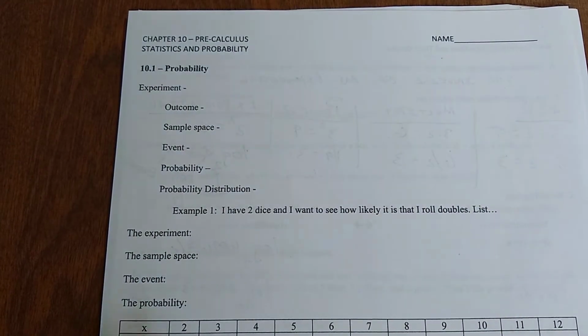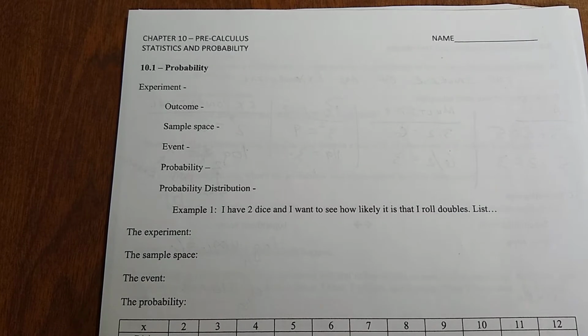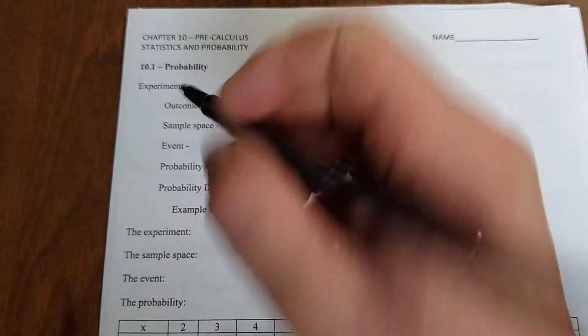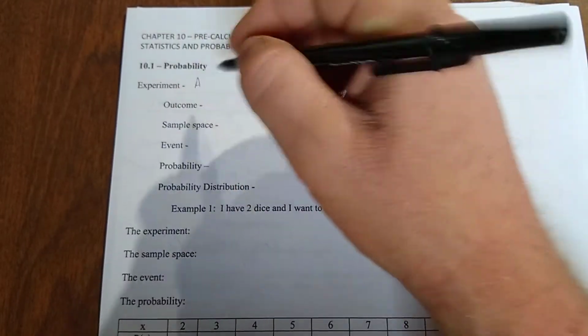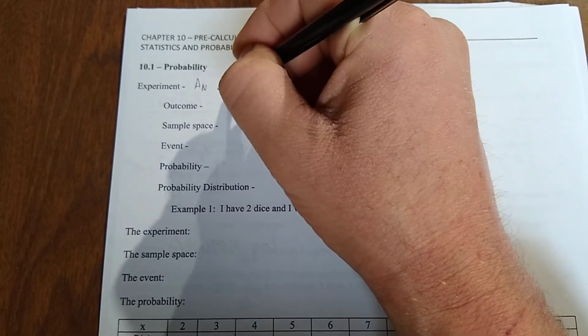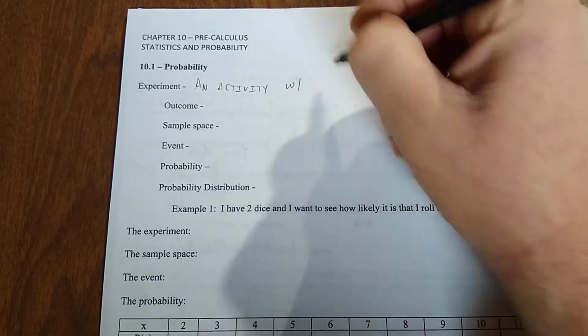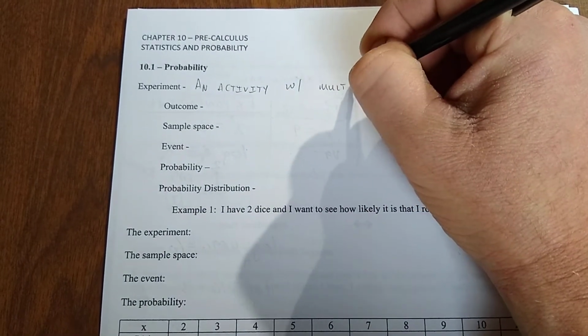So when it comes to probability, there's a bunch of vocabulary that we need to know. Some of it's pretty basic, but we're going to write it down anyways. So here we go. First thing we're going to talk about are different experiments. An experiment is just an activity with multiple possible outcomes.